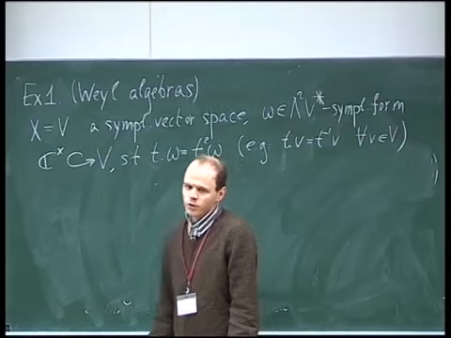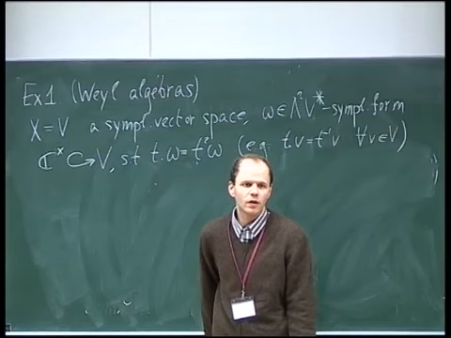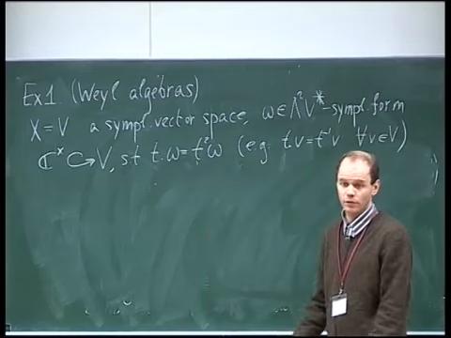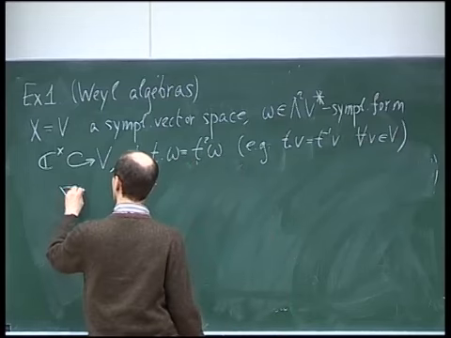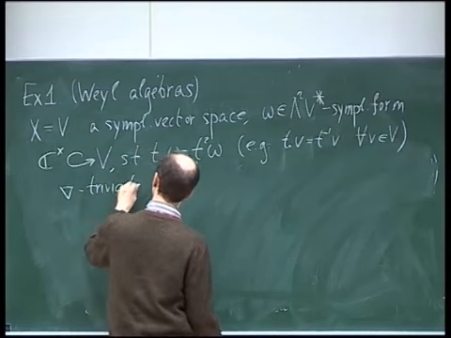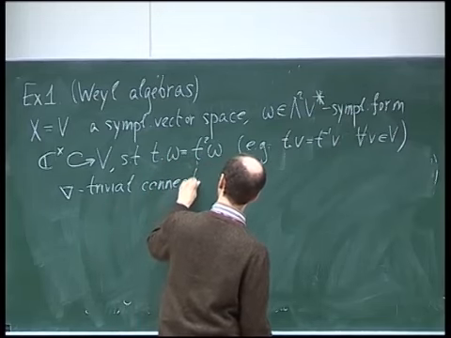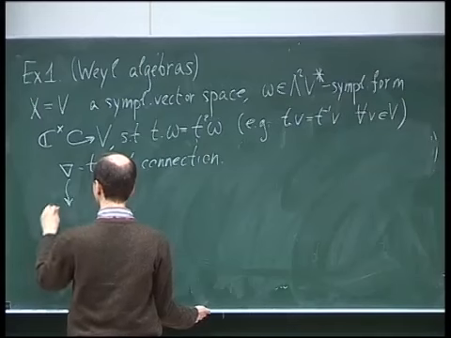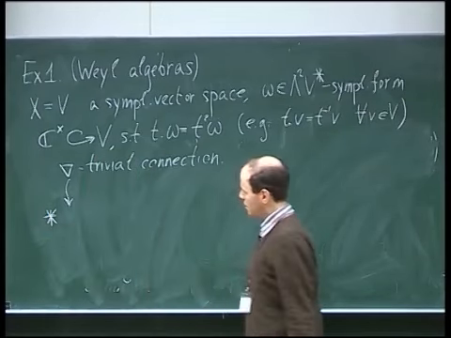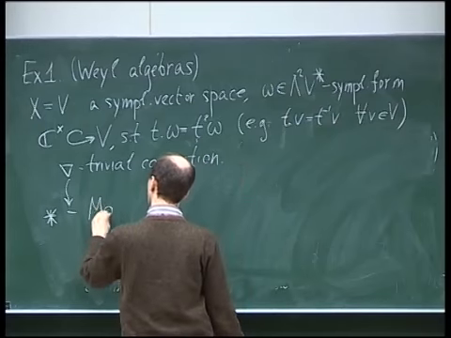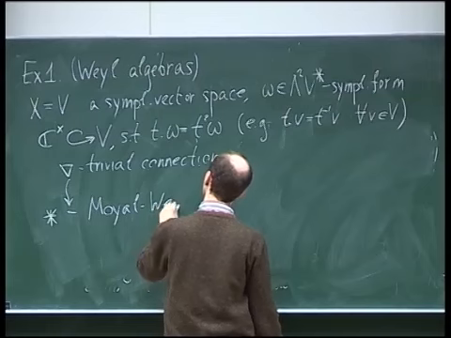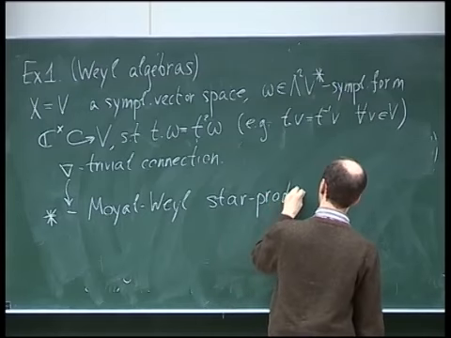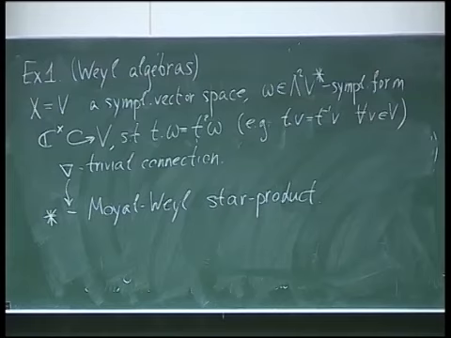Now, we also have a very simple choice of nabla, namely, how to say this, the tautological connection on a vector space. And so we produce a star product, and this is what is called the Moyal-Weyl star product. It can be given explicitly.